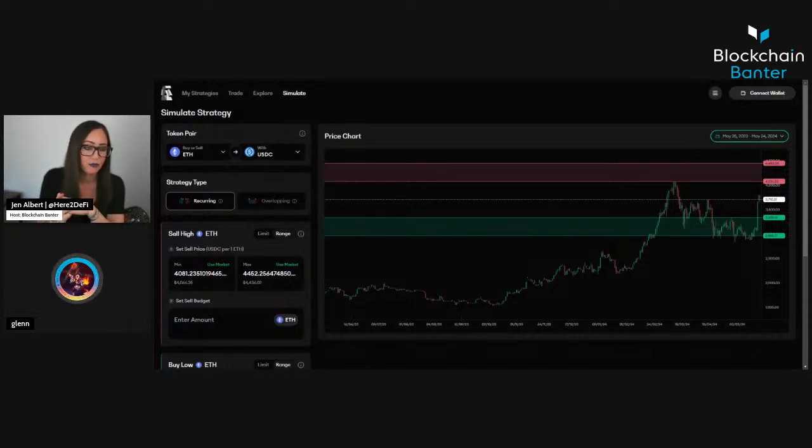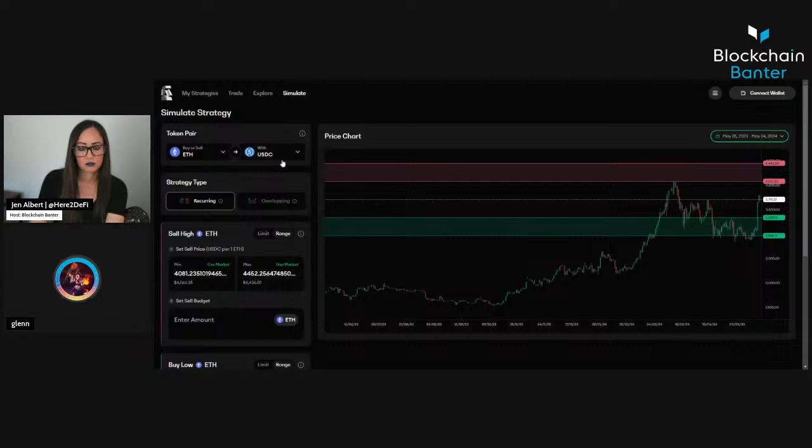So this simulator wasn't there on day one when we first released the product, but we released it later. It's quite useful for Carbon, because a lot of the time people are creating trading strategies with tokens that might not necessarily have a direct trading pair on chain, which means it's kind of difficult to get a chart for it, right?